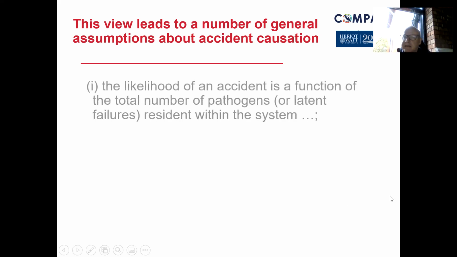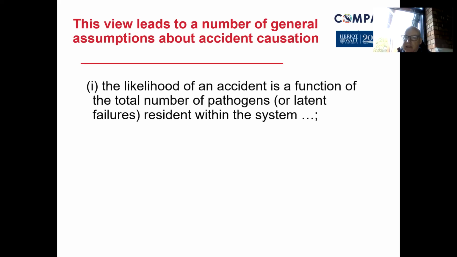So then I can come back to the accident causation theories and then move forward with that, learning from disasters. Everything that's happened has led to our interpretation, and therefore we can use that to prevent further incidents from taking place. So the view leads to a number of general assumptions about accident causation.